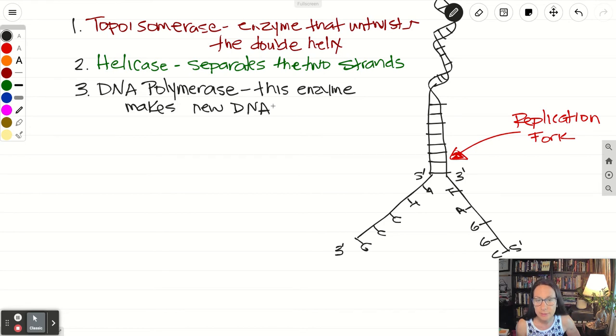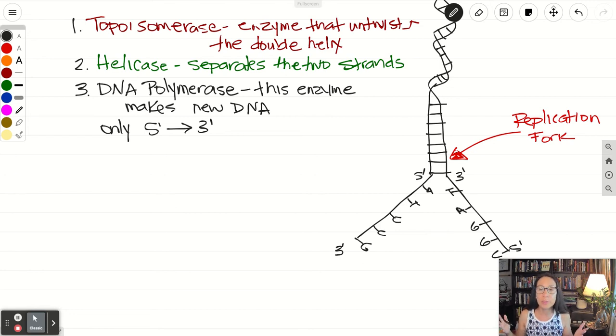And a couple of things. One is that this enzyme can only build new DNA in a 5' to 3' direction. So I'm going to put only 5' to 3'. The enzyme can only work that way, and it's based on the fact that this enzyme has a specific shape.